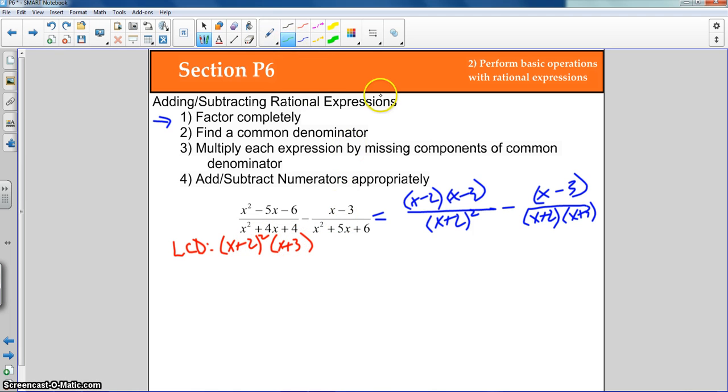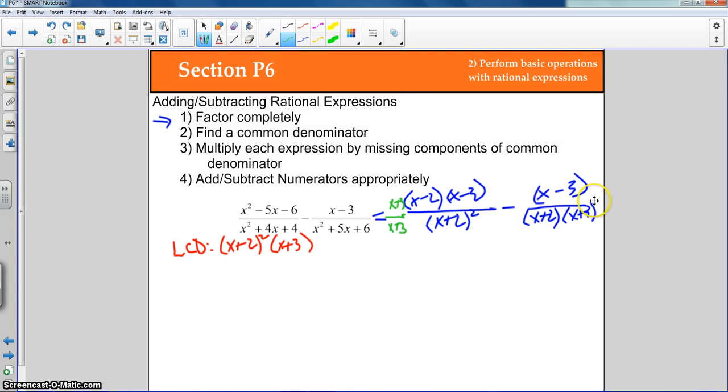Okay, so now I have to figure out, what is this first term missing? Well, to get to that least common denominator, I need to multiply by what? Well, I'm missing that (x plus 3). But whatever I do to the denominator, I also have to do to the numerator, (x plus 3).